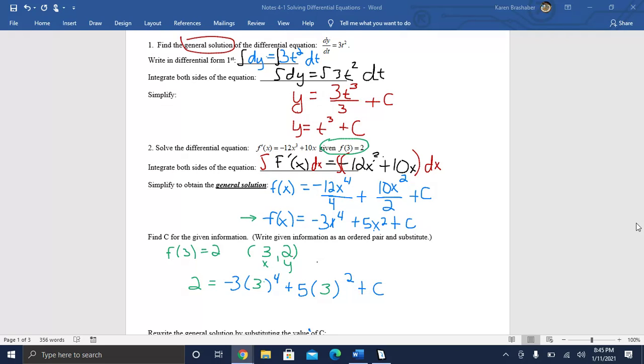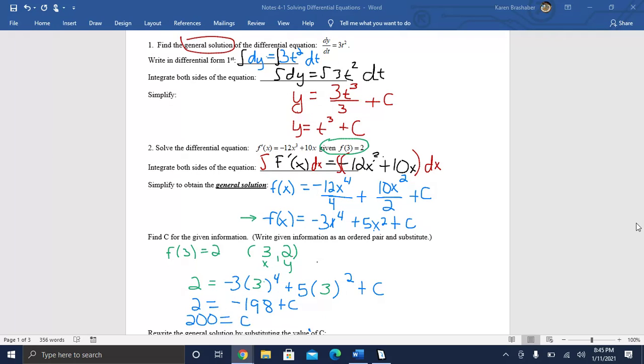So c is what we're trying to find. And then you'll simplify that. So we'll get 2 equals, and if you do the math on all of that, you'll get negative 198 plus c, and then bringing the 198 to the other side, 200 equals c.